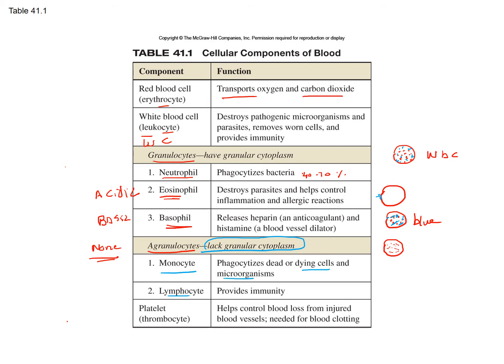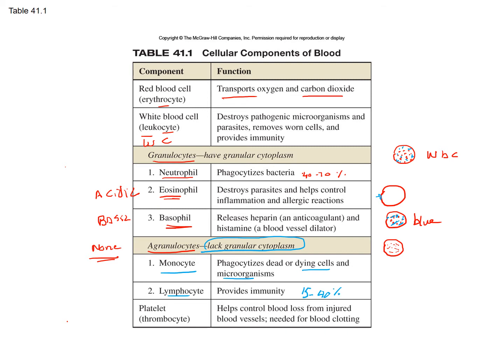And the non-granulocytes have no granular cytoplasm. The first type would be the monocyte, which phagocytoses dead or dying cells and microorganisms.